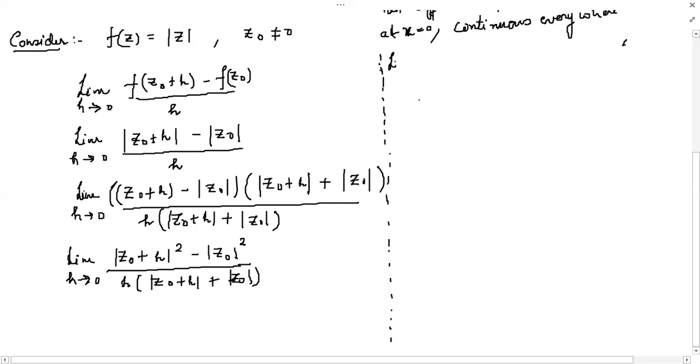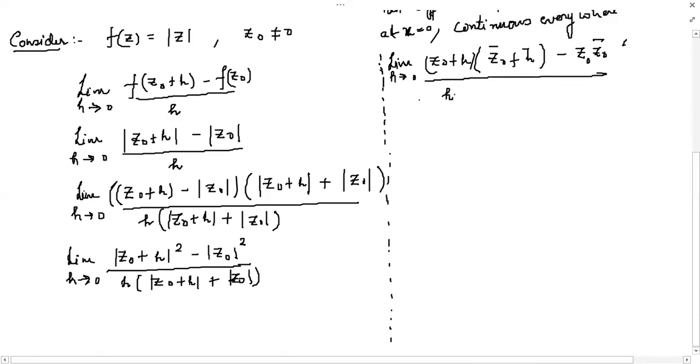This will be limit h tends to 0 of z naught plus h into conjugate, so this would be z naught conjugate plus h conjugate, minus z naught into z naught conjugate, divided by h into modulus of z naught plus h plus modulus of z naught.